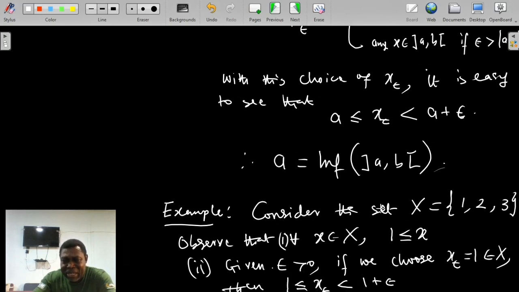This is a true statement. And this means, therefore, this is another way of saying that 1 is equal to the infimum of X.